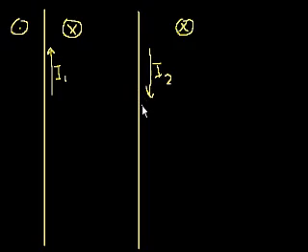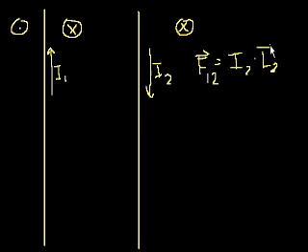Now, just as a little bit of review, the force created by current 1 on current 2, that's just the convention I'm using, you wouldn't always put the 1 first, is equal to current 2 times some length, let's call that length 2, along the wire.